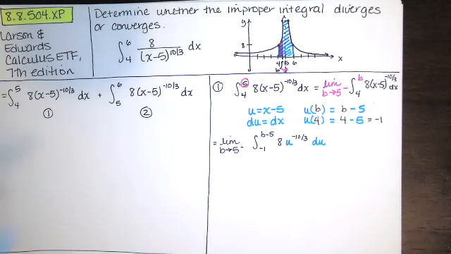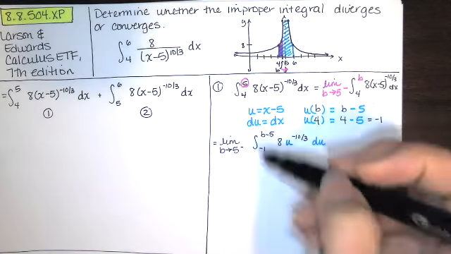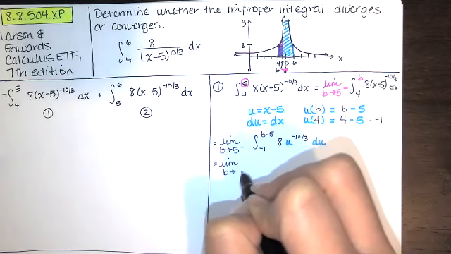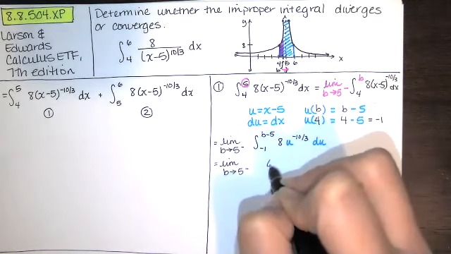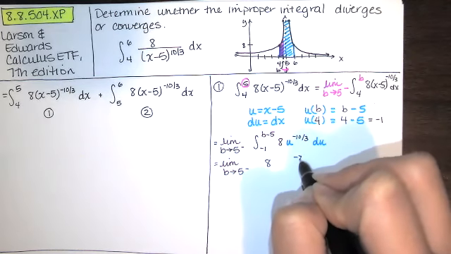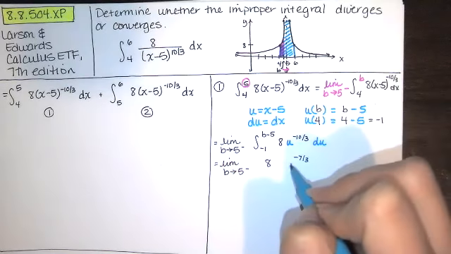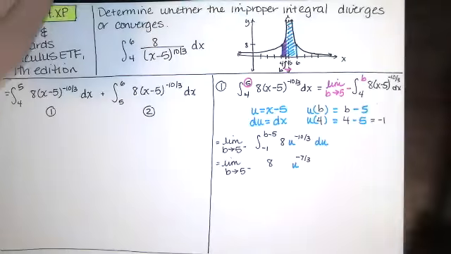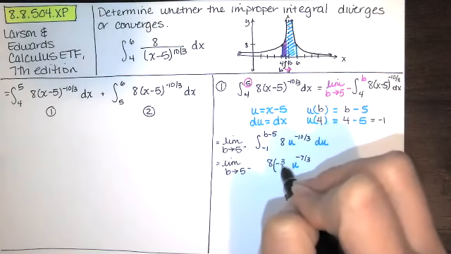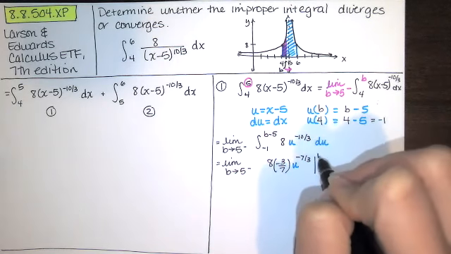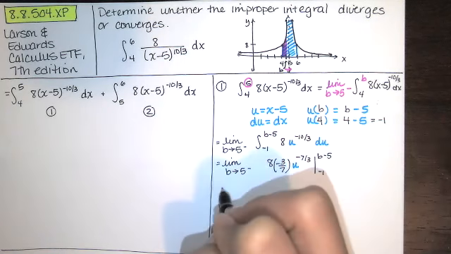All I do is anti-differentiate, plug in the upper limit and lower limit, and subtract using the fundamental theorem of calculus. So first, let's anti-differentiate. Add 1 to the exponent. That'll make that 7/3. And then we divide by the new exponent. Dividing by 7/3 is the same as multiplying by negative 3 over 7. Then plug in the negative 1 and the b minus 5 and subtract.